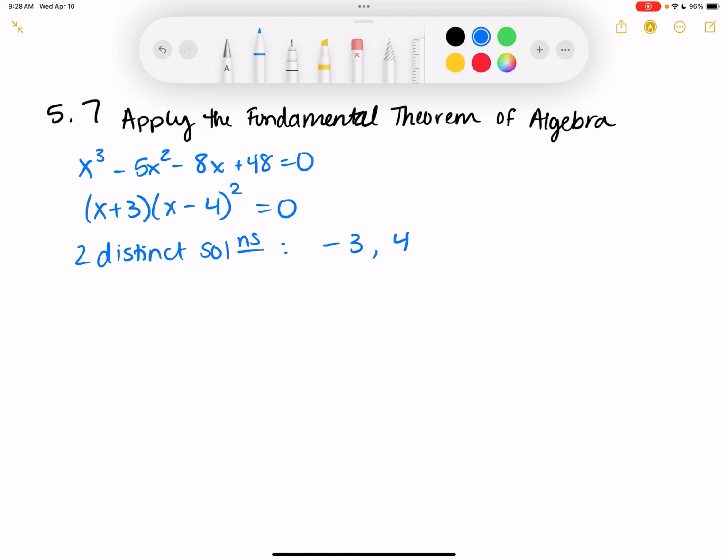Because this one would be a repeated one. So this would just be the distinct solutions as -3 and 4. A repeated solution is a solution that gets counted more than once.